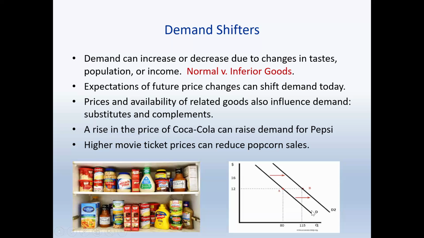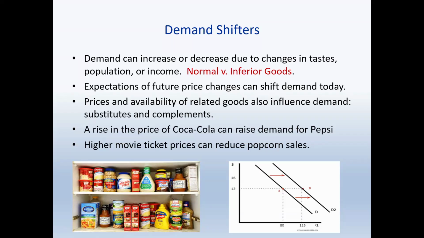And for lower prices, we have relatively high quantity demanded. But when the price of Coca-Cola increases, more people are going to demand Pepsi instead. That's going to cause a rightward shift in demand for Pepsi. An increase in demand is a shift to the right, whereas a decrease in demand is a shift to the left.